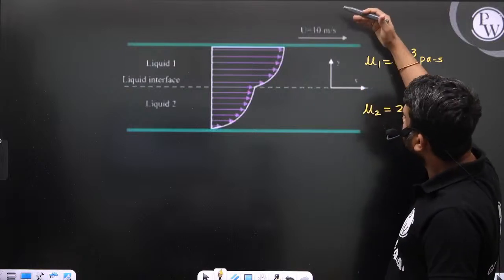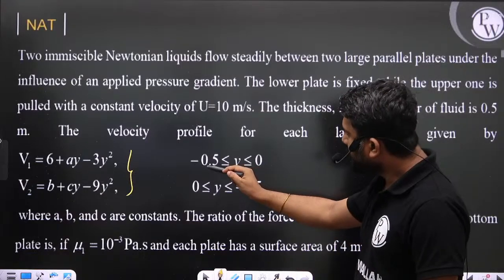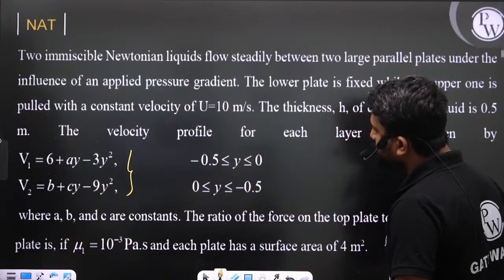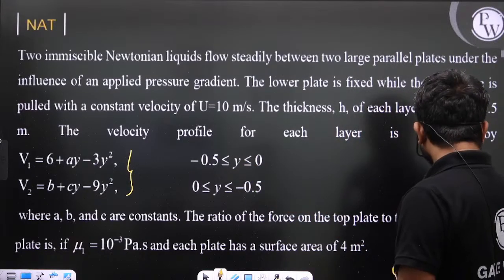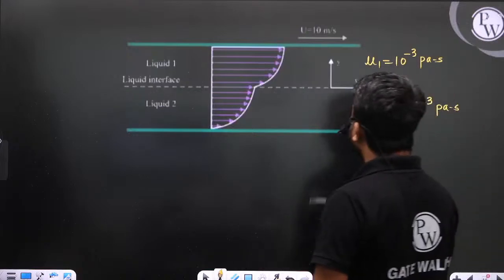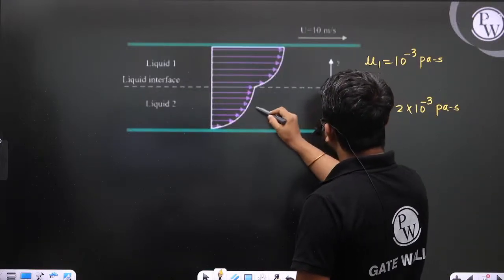Above the interface positive y, below the interface negative y. So y varies from minus 0.5 to 0.